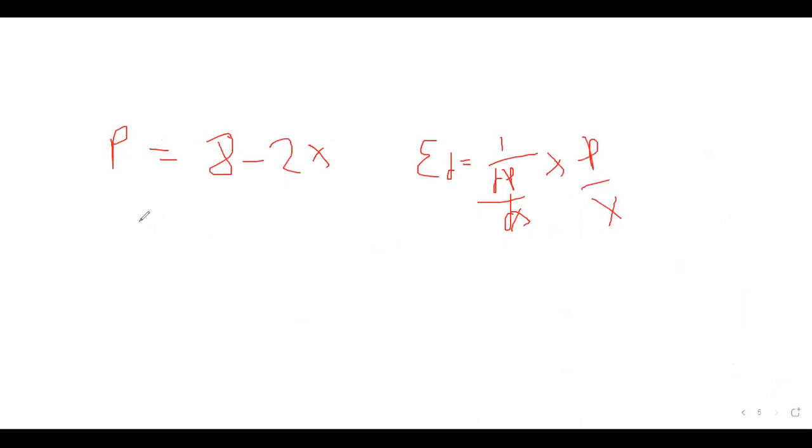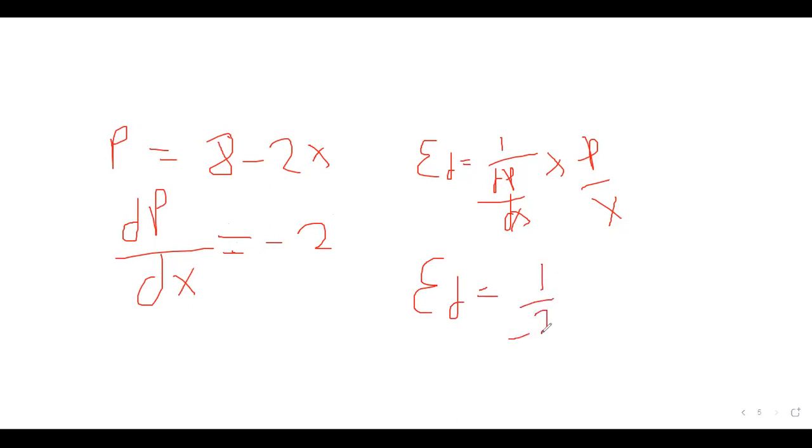So when you differentiate this one, you're going to have dP over dx, which is negative 2. So using this, we're going to have 1 over negative 2, times the price of good x, which was 4 kwacha, that maximizes revenue. And our final answer here is still the same.